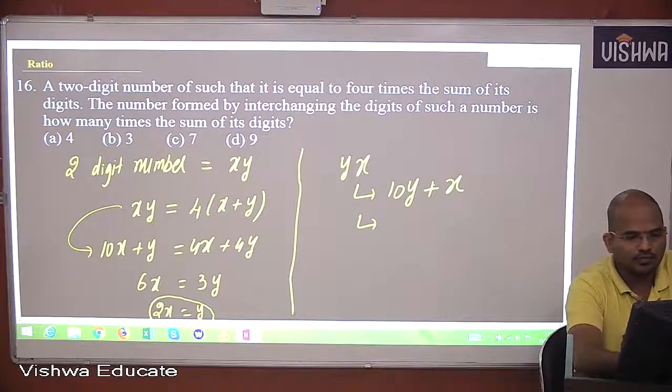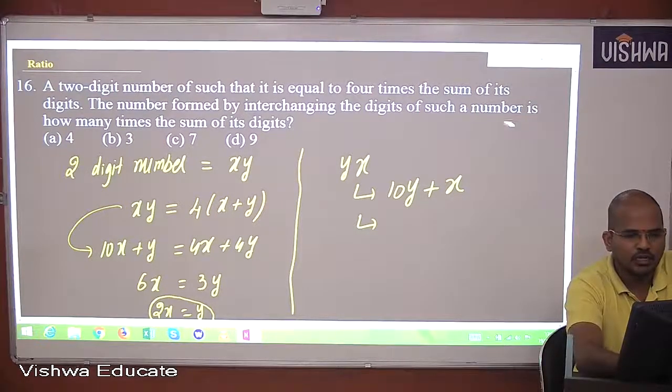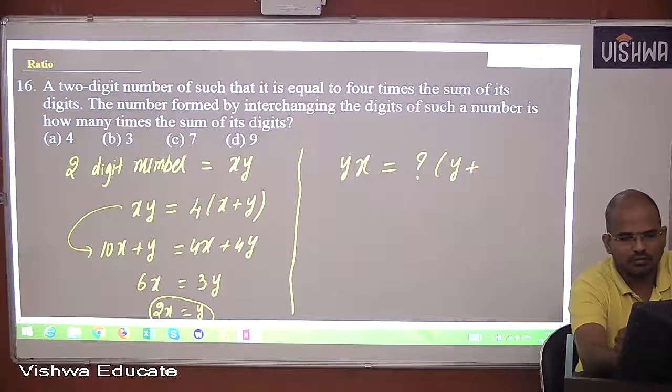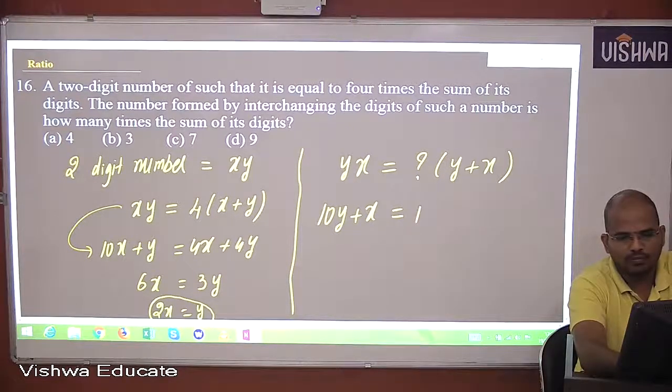Now the question is, the number formed by interchanging the digits of such a number is how many times the sum of its digits? So yx is equal to how many times y plus x? That's the question given to us. That is 10y plus x, called as some p times y plus x.